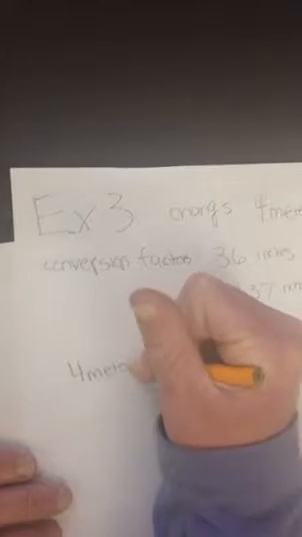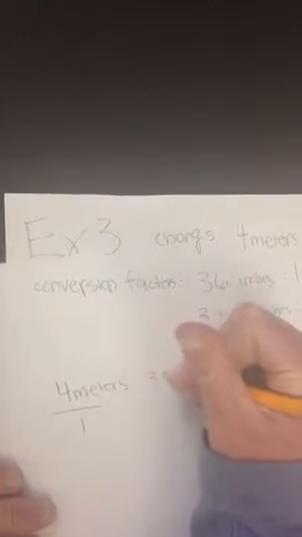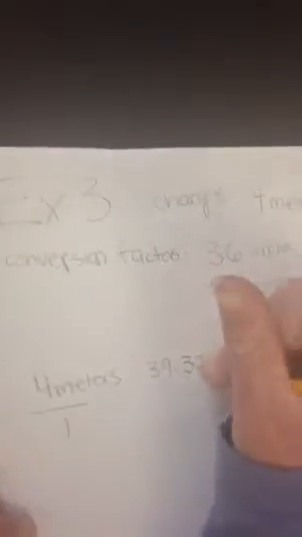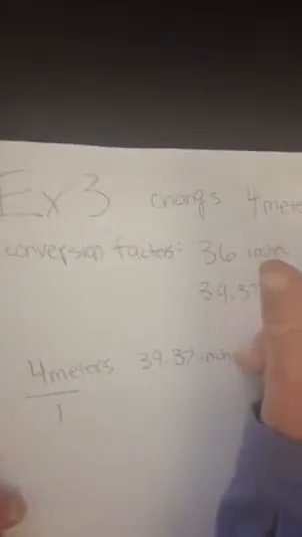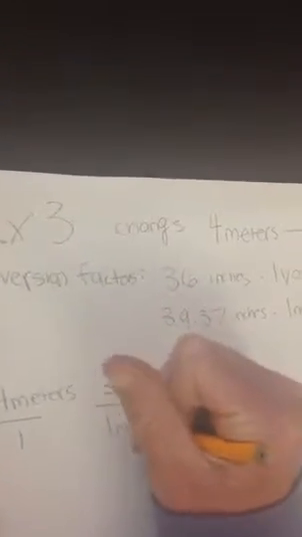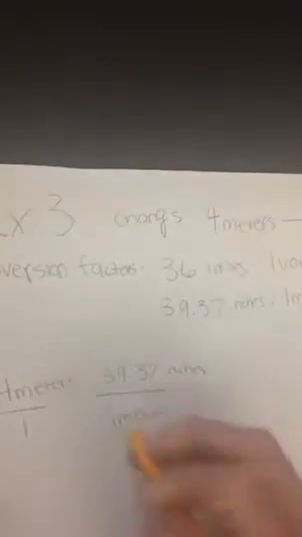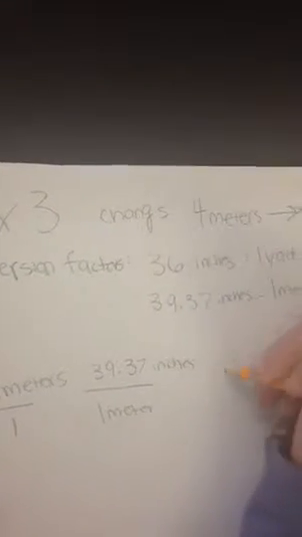Alright, so now it's time to do some unit analysis. I'm going to write 4 meters over 1, times 39.37 inches to 1 meter, which is part of our conversion factor up here.